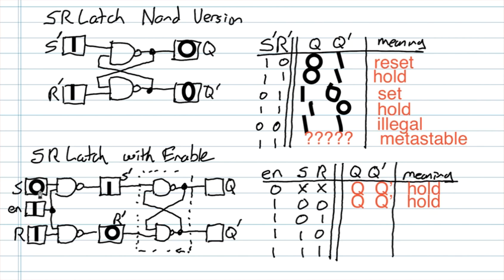That's just like our original NOR version interpretation of S and R. That's why it's very helpful to call these S prime and R prime, because it allows us to deal with the outer part of the enable. In which case that means we're essentially going to do, right, 1, 0 does a reset, which means I get a 0 and a 1, and it is a reset.